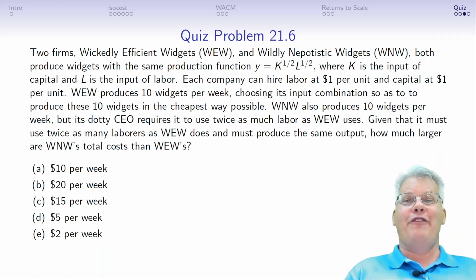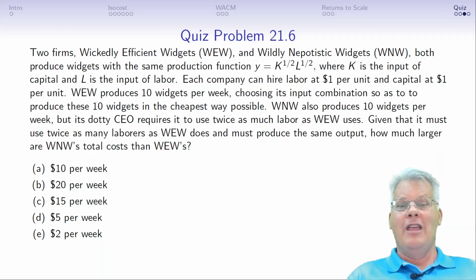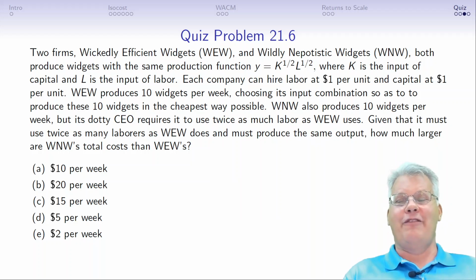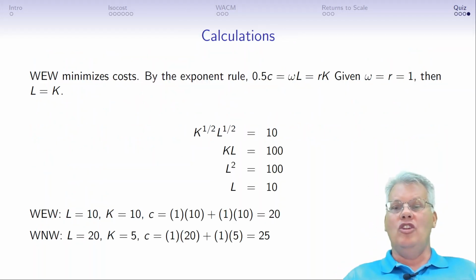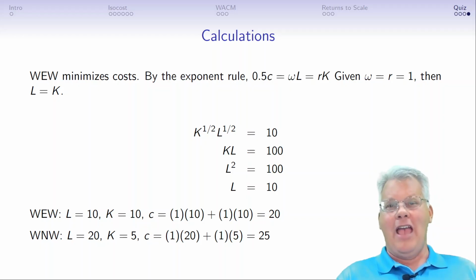The nepotistic firm uses twice as much labor as the efficient firm. And the question is, how much larger is the nepotistic firm's total costs than the efficient firm? So we can do this by applying the exponent rule. That would be the simple way of doing so.